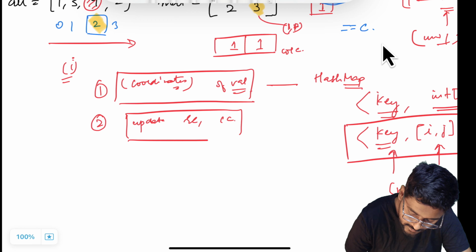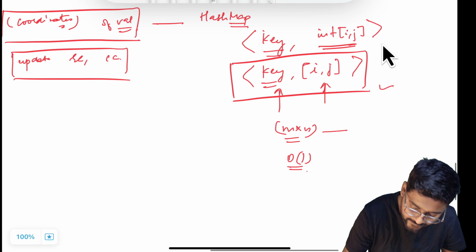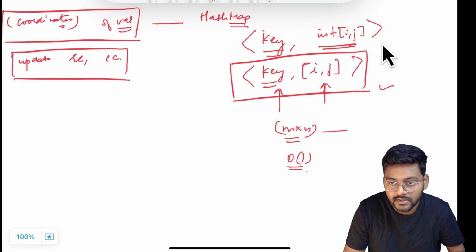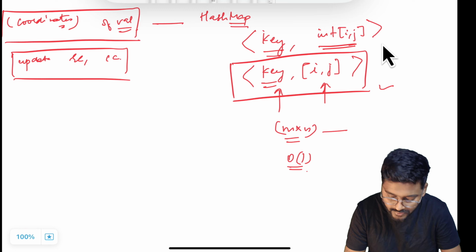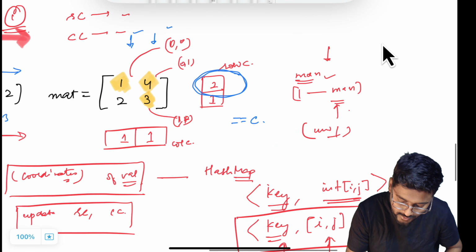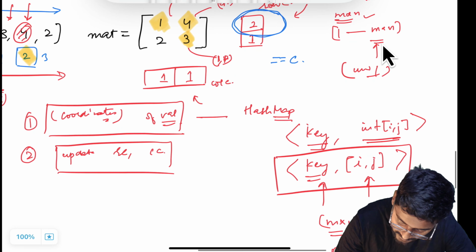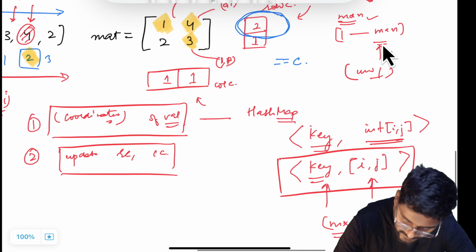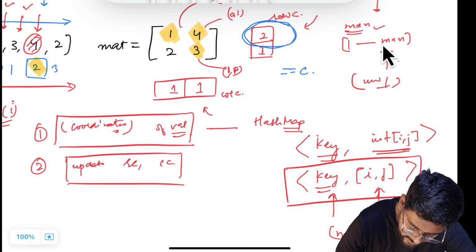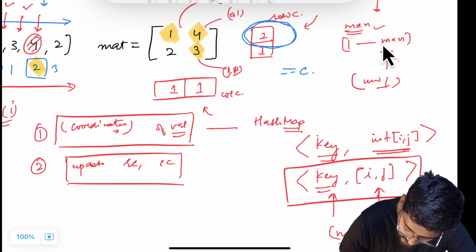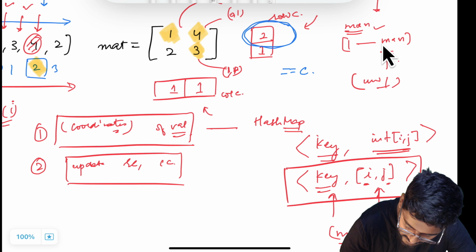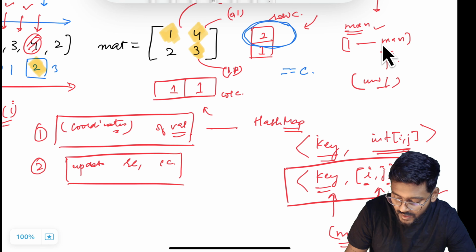And after that, see, you have the key, you can get the coordinates, and if you have the coordinates, you can reach the corresponding cell, row count and column count array. So you have the coordinates i and j, and you can access the ith row and jth column.